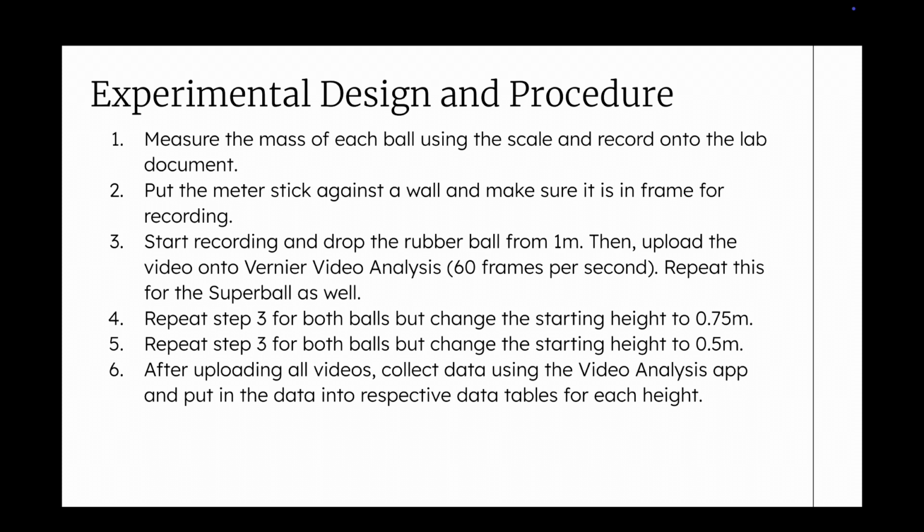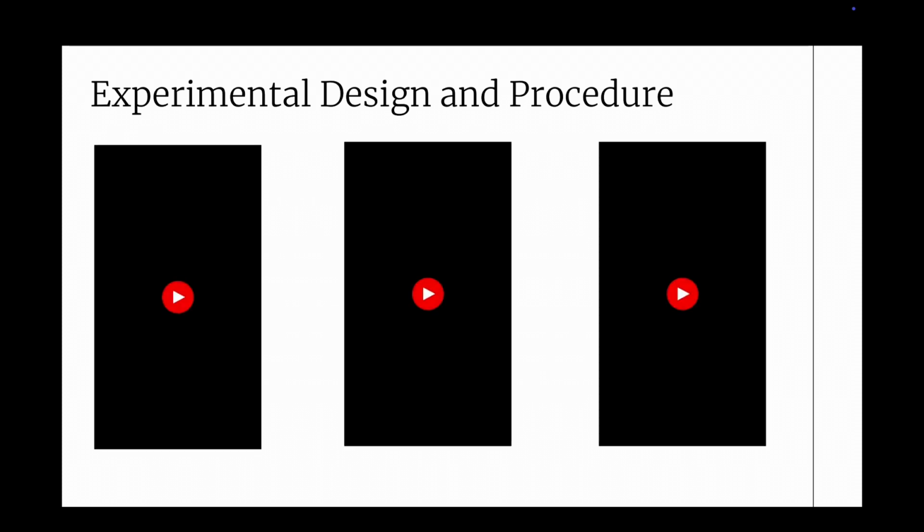After uploading all the videos and collecting the data using the video analysis app, we put this data into a data table. That way we were able to visualize the loss of kinetic energy at each height and for each ball. So here are some videos that show our process.